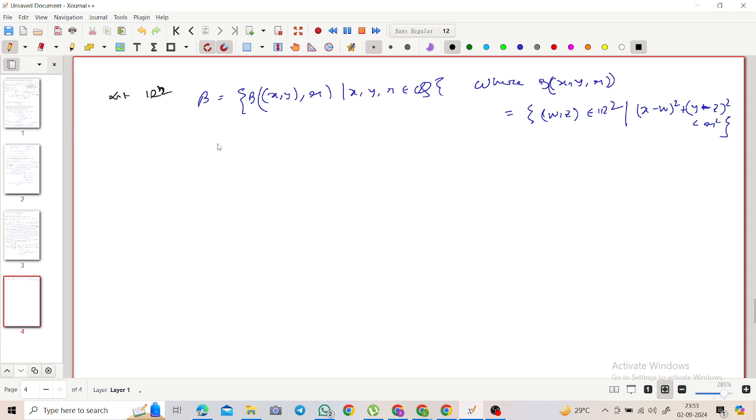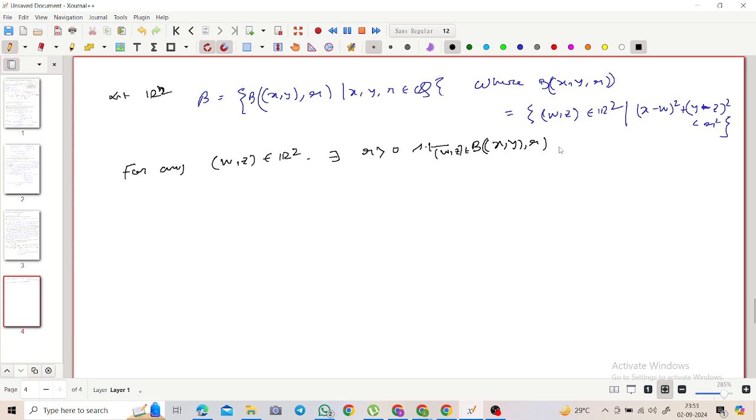So of course this is a basis, because for any (w, z) belongs to R², there exists r greater than 0 such that (w, z) belongs to B(x, y, r). What have I taken here?